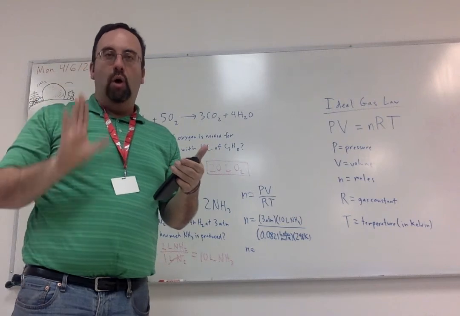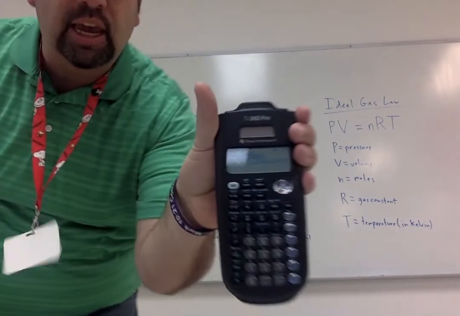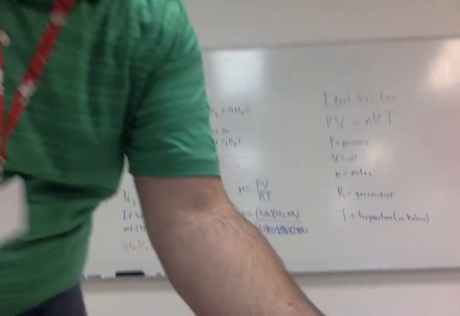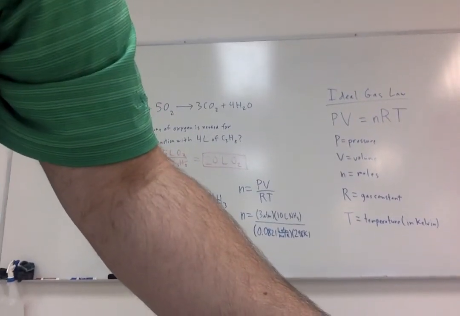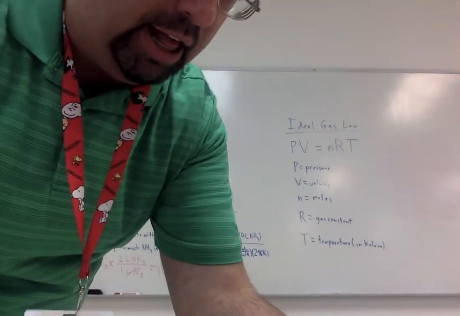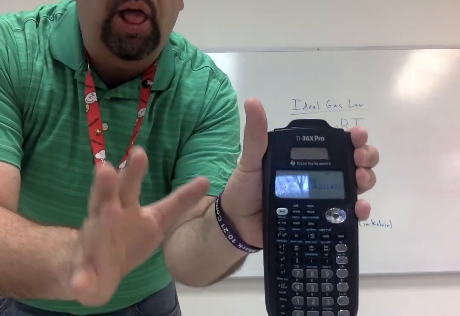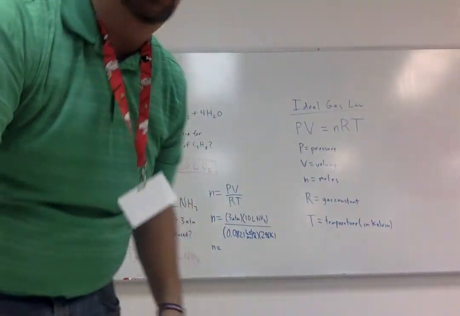And so when we do that, we're going to get approximately 1.2 mole of the substance. So we are ending up with approximately 1.23 mole of the ammonia gas. And so let's go ahead and write that down.